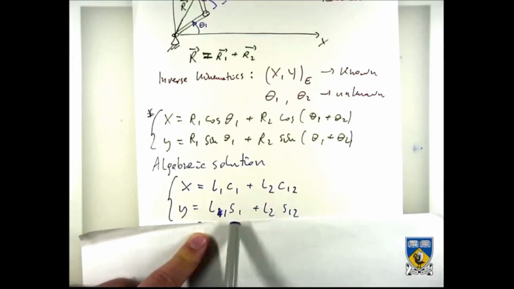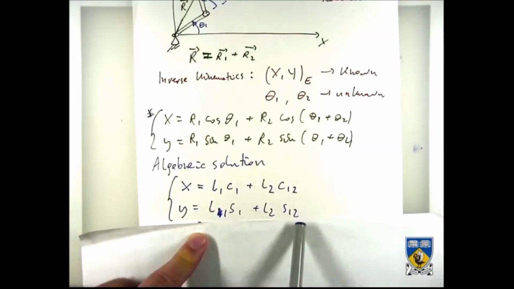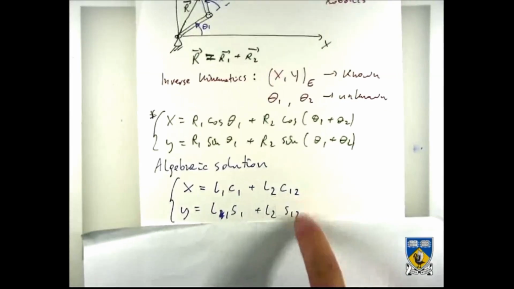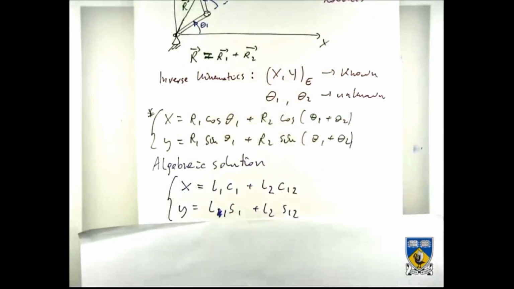Okay, and S1 is sine θ1, and S12 is the sine of θ1 plus θ2. So this is the notation that is common in robotics. C for cosine, S for sine, and if there is more than one number here, it means that this is a sum of angles.